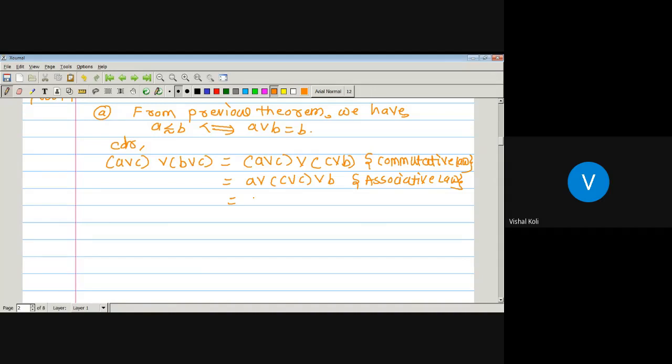The absorption law says that if L is a lattice, then A meet A will be equal to A and A join A will be equal to A. So as L is a lattice, C join C is C. So A join C join B, which is from idempotent.